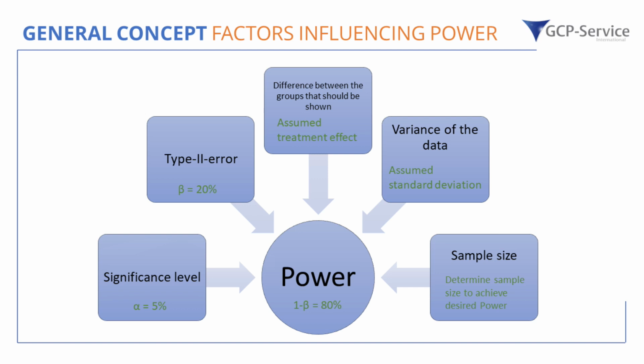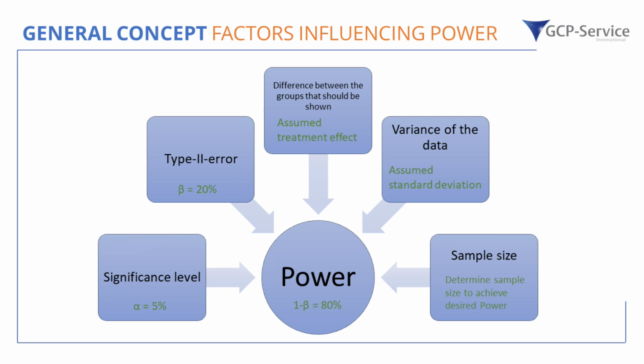And then we have the difference between the groups that should be shown, and this is nothing we can change. This is just the reality, and we want an estimation, or we must assume, a treatment effect which is really realistic. When we overestimate our treatment effect, then we will not be able to show a lower treatment effect.